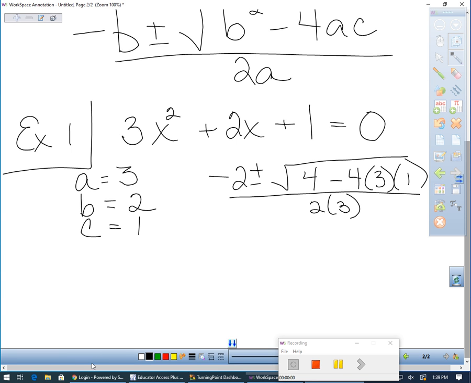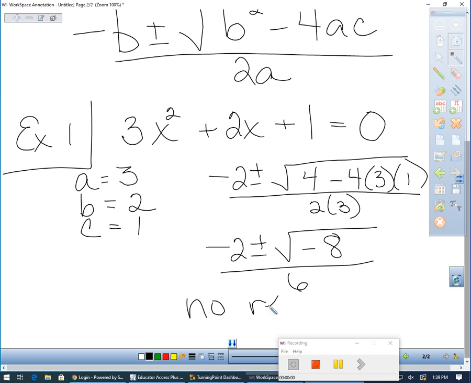If that number comes out to be a negative, there are no real solutions, and you get to stop. So I have negative 2 plus or minus the square root of 4 minus 12, or negative 8, over 6. Since it is a negative underneath the square root, for now, you write no real solution.